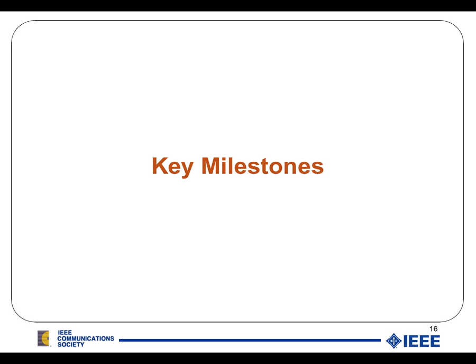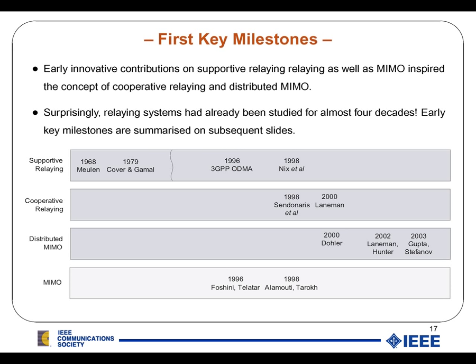Let's move on to the key milestones, and these are really first key milestones, and apologies if I've omitted your contributions here. But it turns out that surprisingly already very, very early contributions emerged from Moylan in 68 and Coe and Gammel in 79 on support of relaying protocols from a purely capacitive point of view.